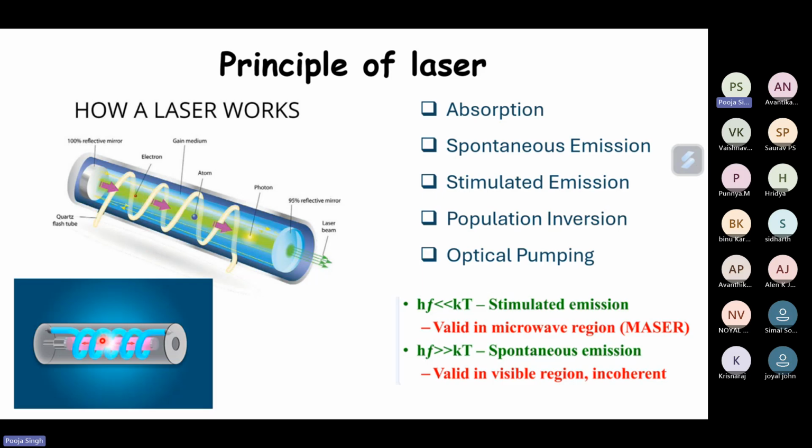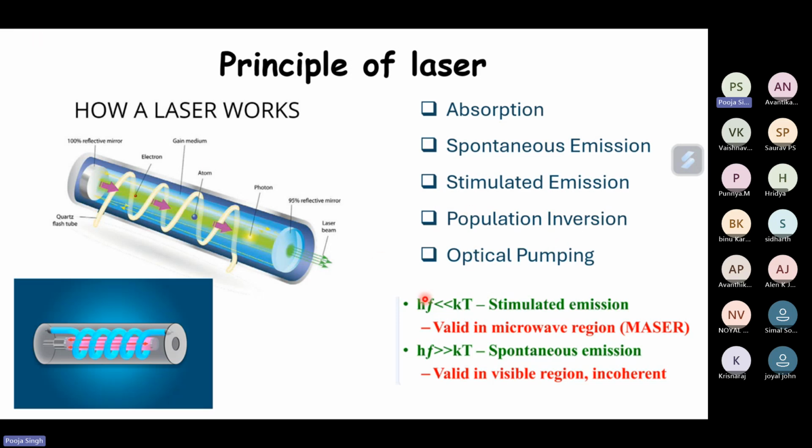Here optical pumping occurs, and you get a large emission of photons in a single wavelength. It is a very fast process. The processes involved are absorption, spontaneous emission, stimulated emission, population inversion, and optical pumping.